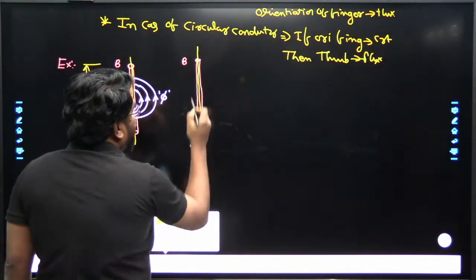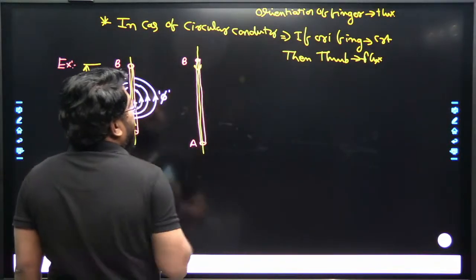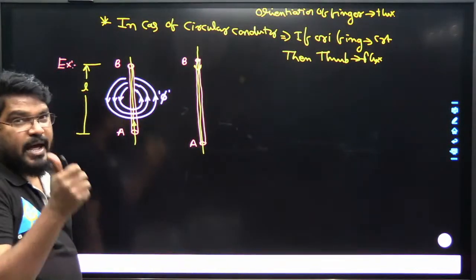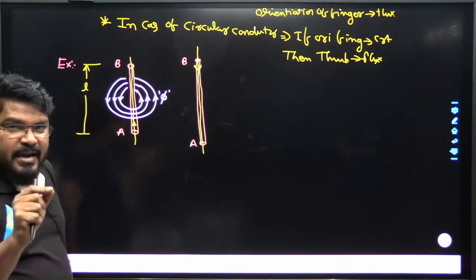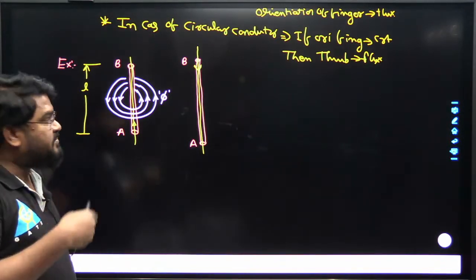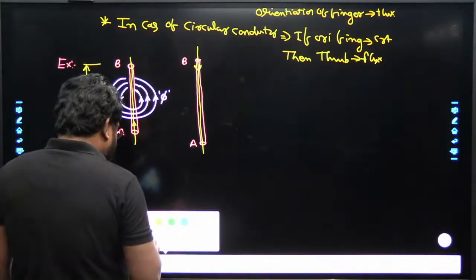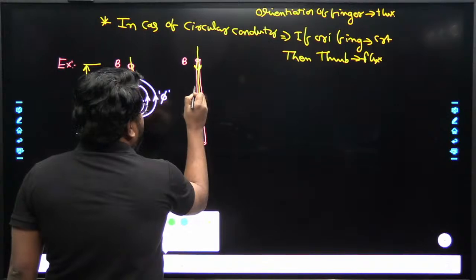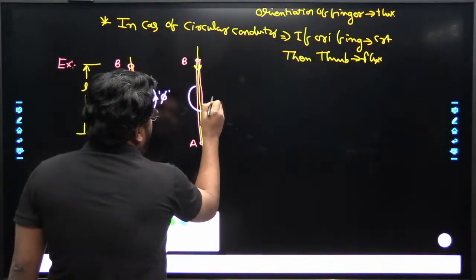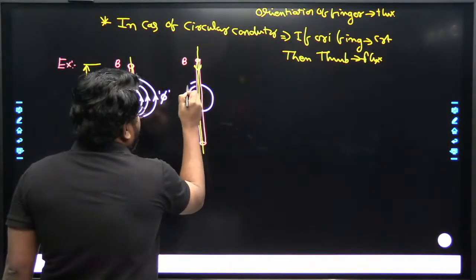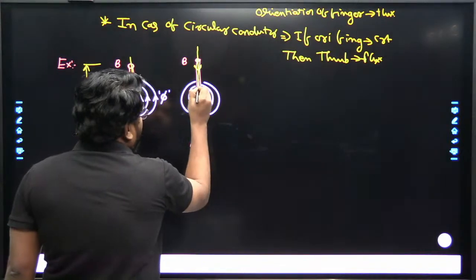This is the current direction. According to Ampere's law, a current carrying conductor produces a magnetic field around it. So this is the magnetic field direction, and the flux lines are like this.